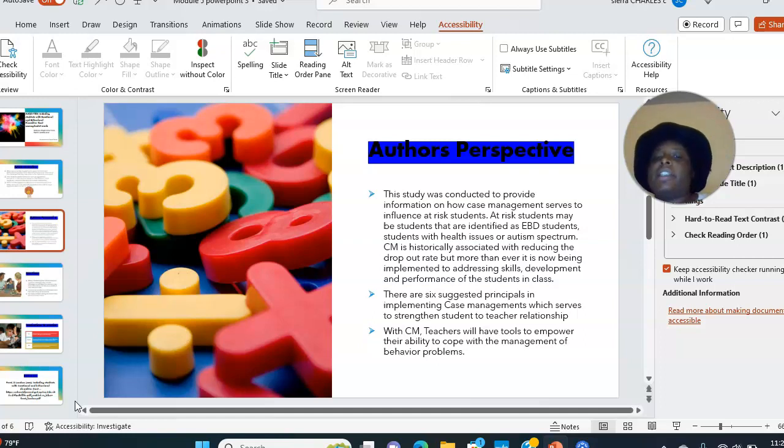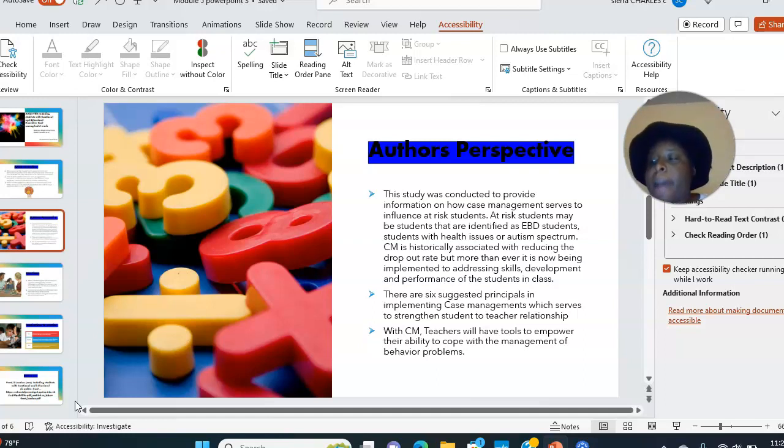Case management is historically associated with reducing the dropout rate, but more than ever it is now being implemented to address skills development and performance of the students in class. There are 6 suggested principles in implementing case management which serves to strengthen student-to-teacher relationships.